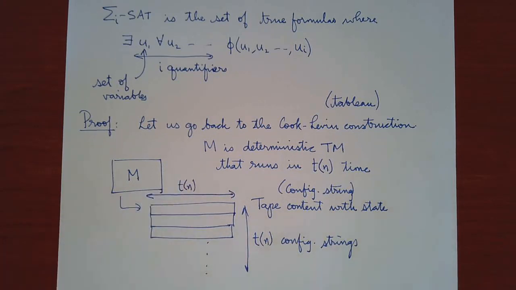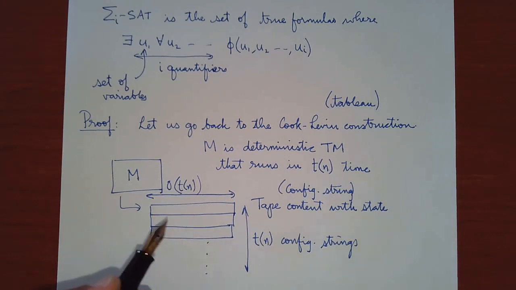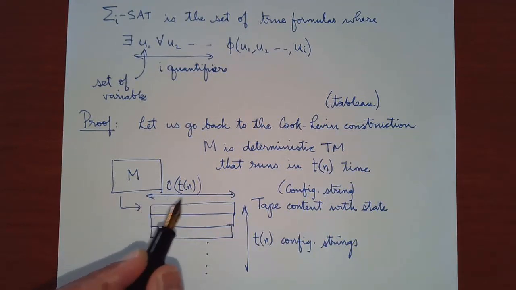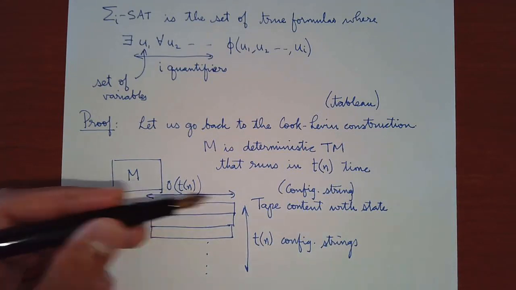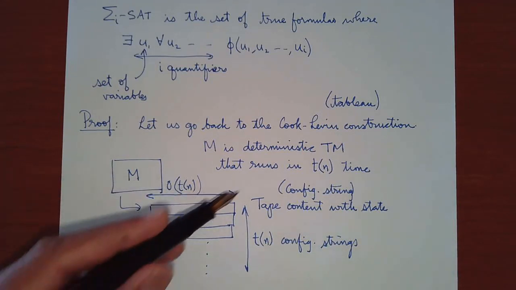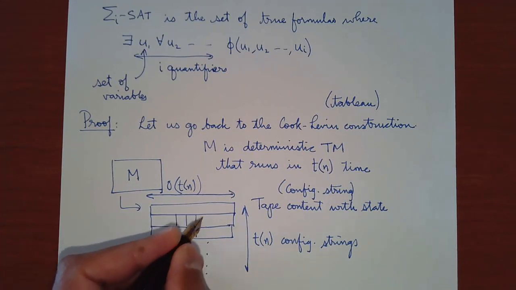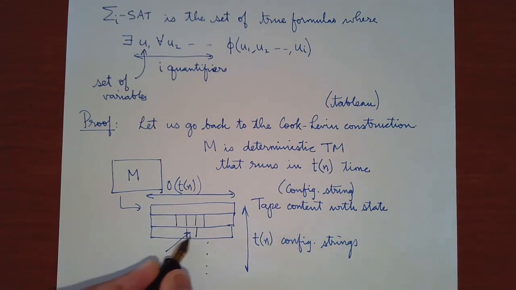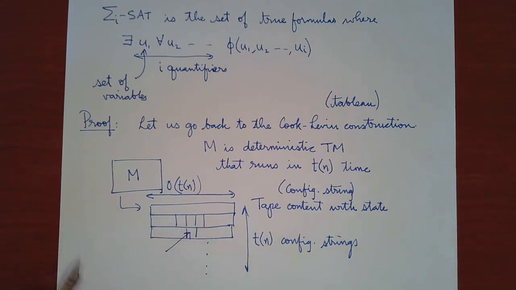The size of each configuration string is technically O(T(n)). And the reason for the O is, imagine you're encoding in binary, just to keep things simple. So you have some sort of encoding of all the bits of the input. And so you have O(T(n)) as the size of the configuration string. The number of steps is T(n). And what we know is that each entry of the tableau only depends on a few previous entries. So indeed, if you have an encoding, then this might be more, right? It might depend on more symbols.